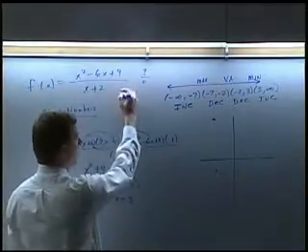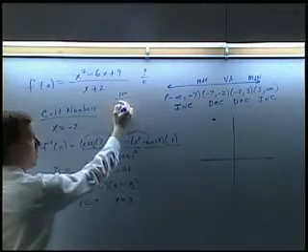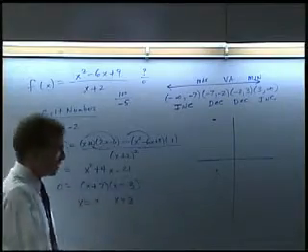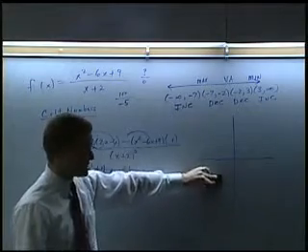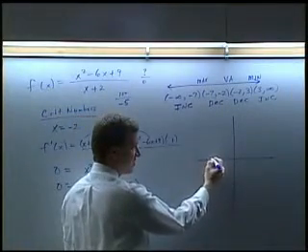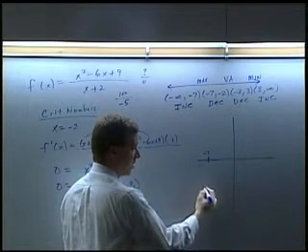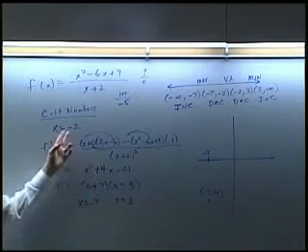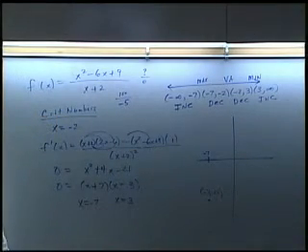So my numerator's 100. -7 plus 2 is -5. So what's 100 over -5? -20. So this, like I said, just gives me a rough idea. I know it's not way up here. I know it's not even this high. At -7, wherever it's at, -20 is the location of that maximum point. And that seems a little strange that a maximum value is this low, but it'll work on our graph.